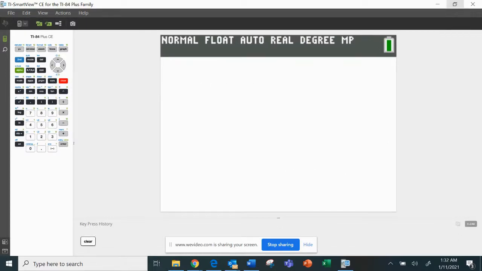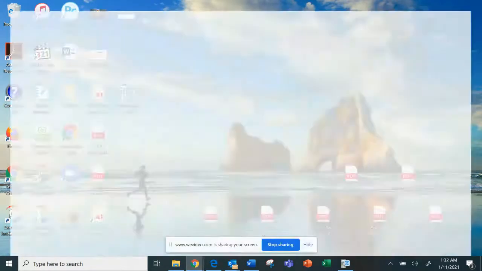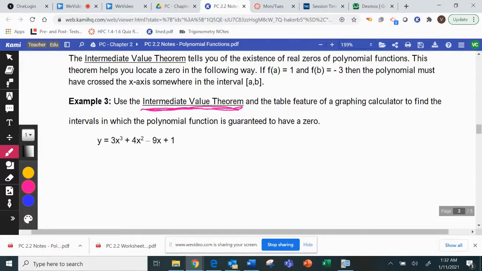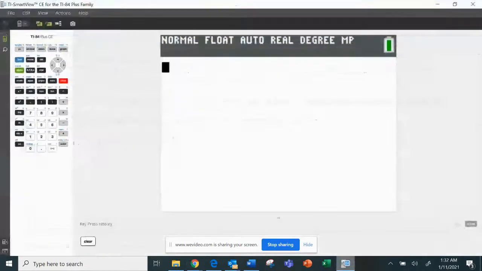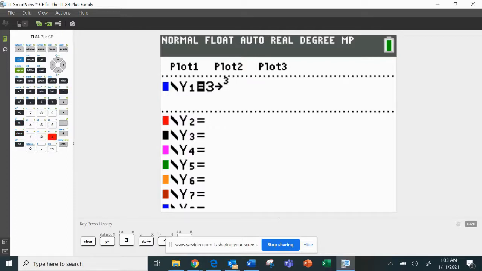Okay, so for this one, I need the equation 3x cubed plus 4x squared. We're going to go to y equals 3x cubed. Oops, why did it do that? There we go. Plus 4x.